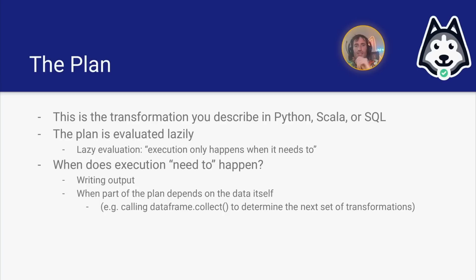What that means is the plan doesn't actually run until a player takes a shot, which means they either try to write data out somewhere, or they try to collect data somewhere. So that's what taking a shot means, writing output or collecting data. And collect essentially means they are taking information from the play and bringing it back to the coach to have the coach tell them what to do next.